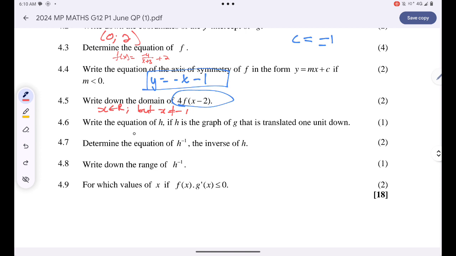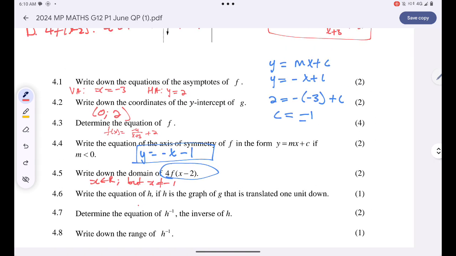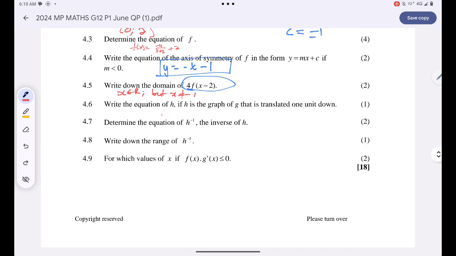Okay, write down the equation of h. Excuse me. Write down the equation of h, if h is the graph of g that is translated 1 unit down. Okay, the graph of g, guys, was given to us. g of x was given to us as 2 to the power x plus 1. Né?